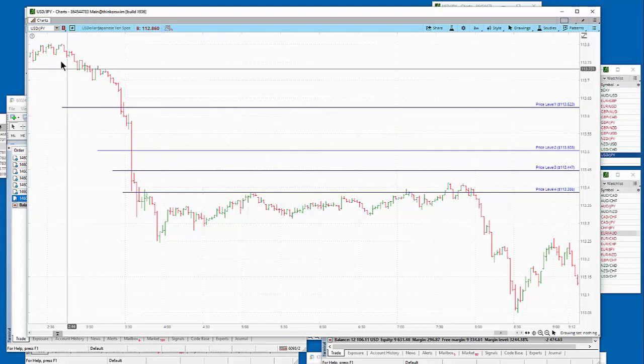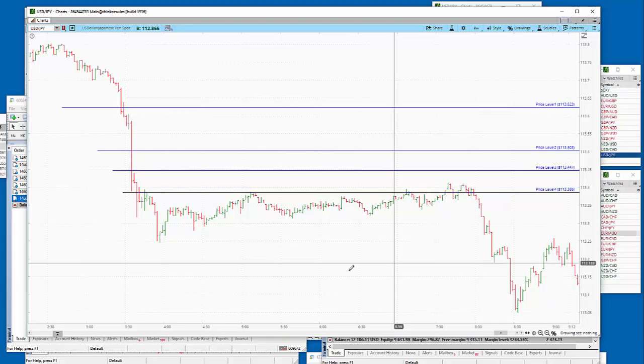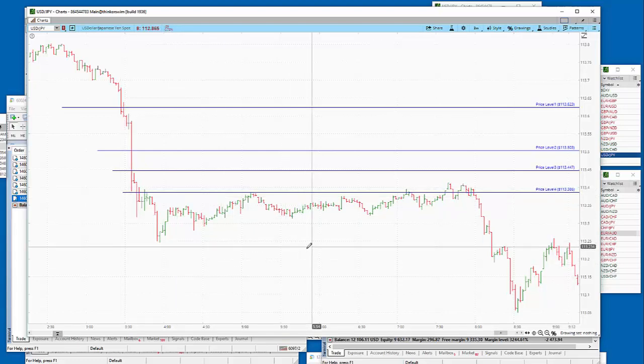The reason I thought that is because at that point in time, when I took the Fibonacci and looked at the low price we'd had so far today, which was here, right?